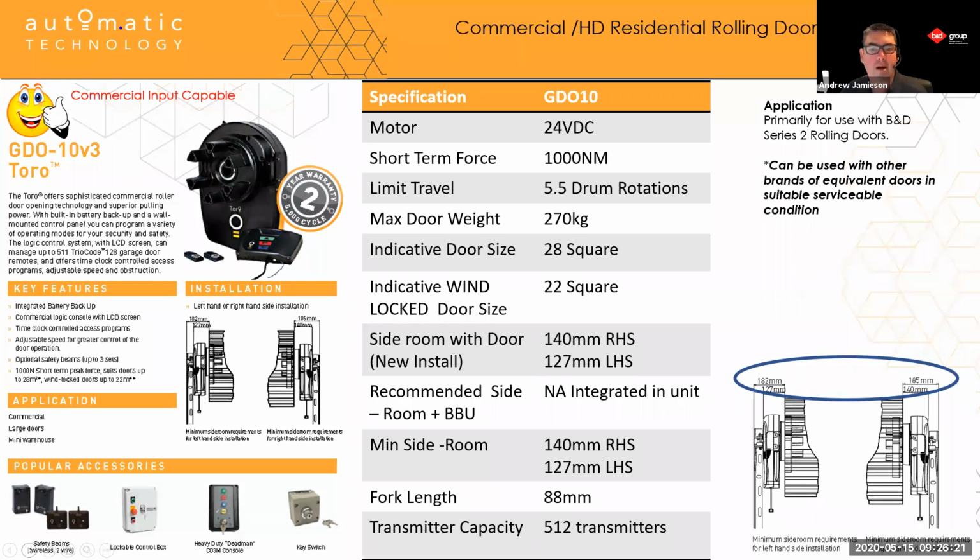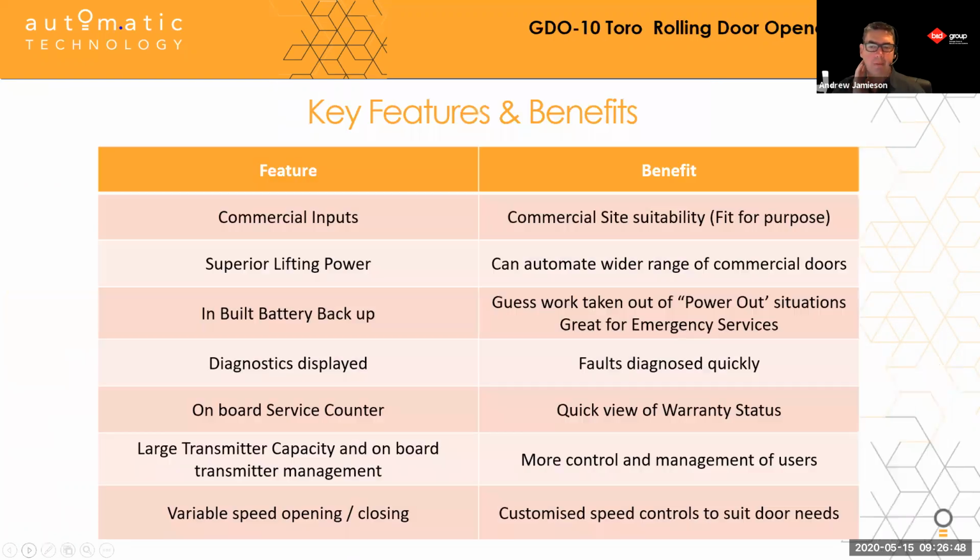The level of power is for dead weight lift is the same. The square meterage is the same. And we're talking through the same features roughly, but then once we get into the transmitter management, because of the logic console, we've got that 511, 512 transmitter capacity. So it's a big commercial opportunity. So once again, we break through these features and benefits.